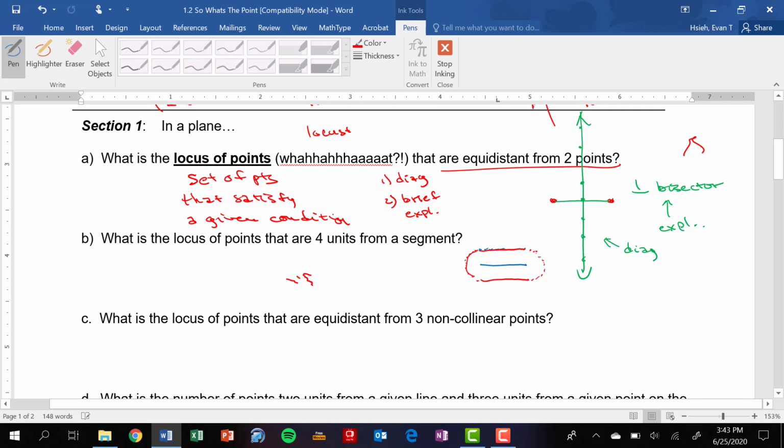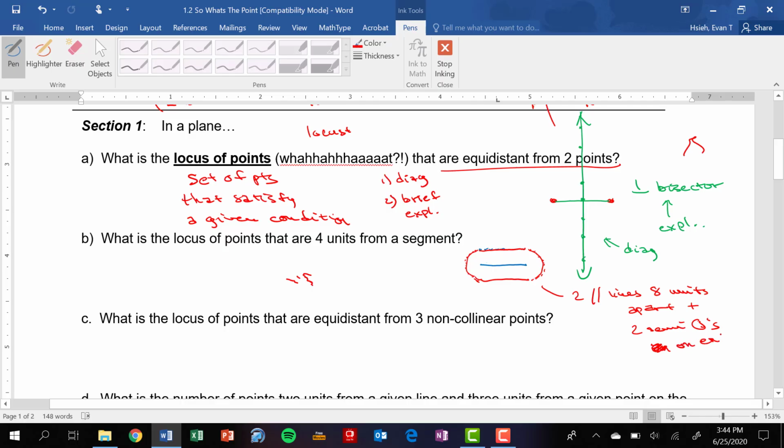So all that in red would represent the locus, and so you can basically say it's 2 parallel lines that are 8 units apart, plus 2 semicircles on the ends.